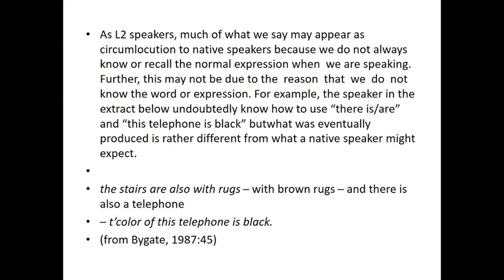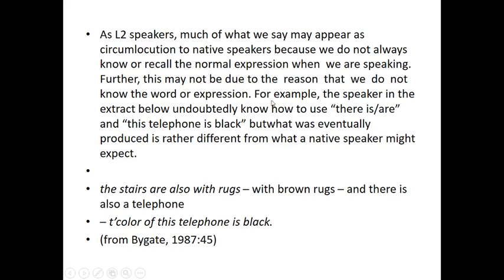As second language speakers, much of what we say may appear as circumlocution to native speakers because we do not always know or recall the normal expression when we are speaking. This may not be due to the reason that we do not know the word or expression.